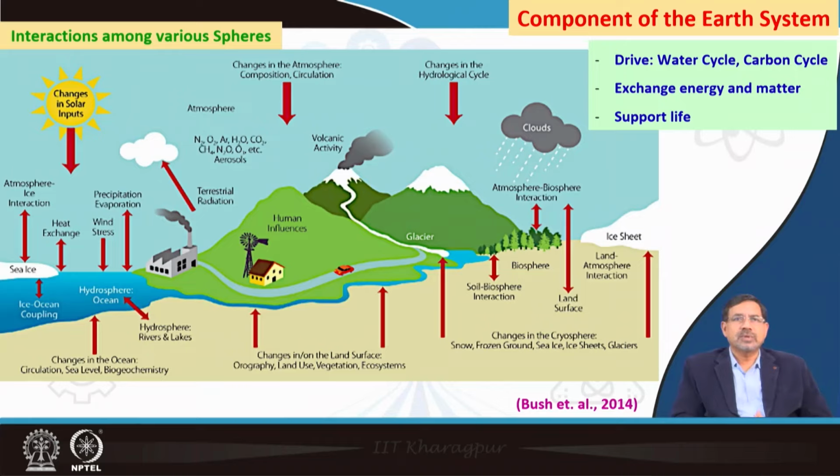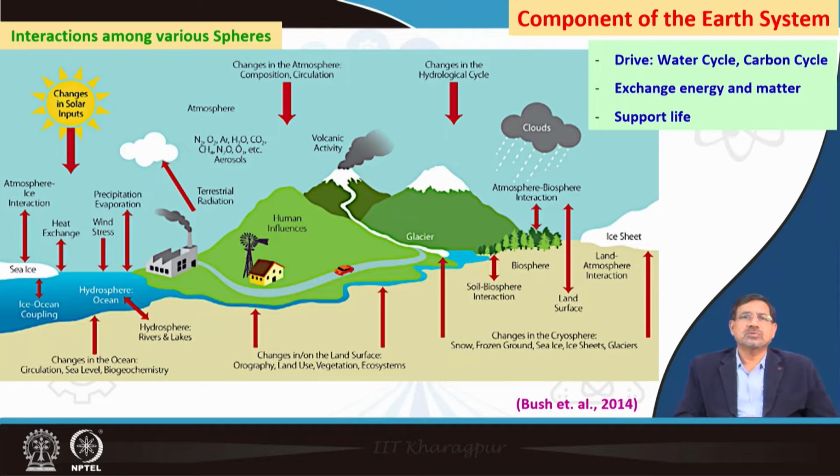Then coming to the next one, the changes in the atmosphere in terms of composition and circulation, and changes in the hydrological cycle. As far as the terrestrial domain is concerned, we have the glaciers, the mountains, and human influences. As far as agriculture is concerned, we have a lot of industrial setups, and we also have urban setups.